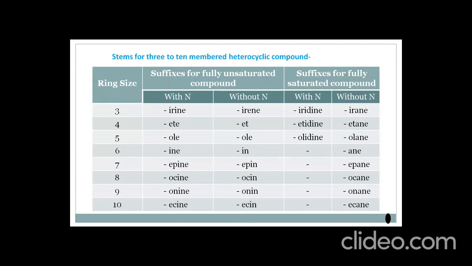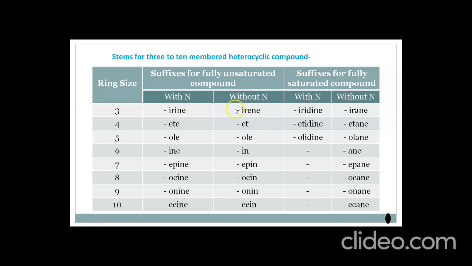Now here we use stems for 3 to 10 member heterocyclic compounds, and accordingly whether these are saturated or unsaturated, whether they contain nitrogen or not. Like here, if the ring size is 3 and it is unsaturated with nitrogen, then we use the stem irine.